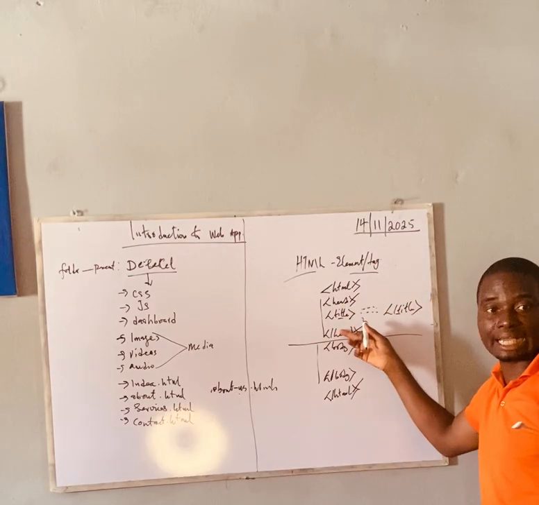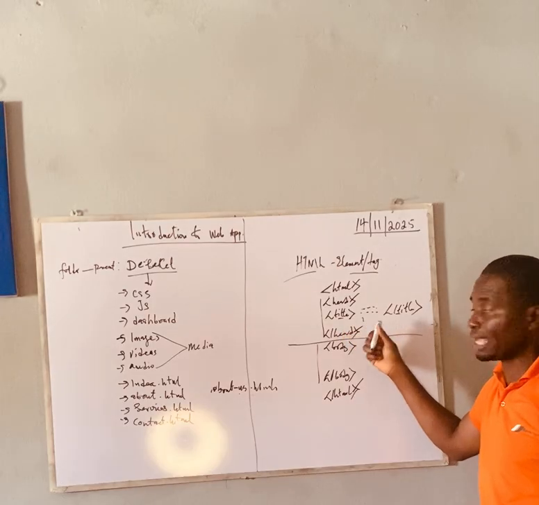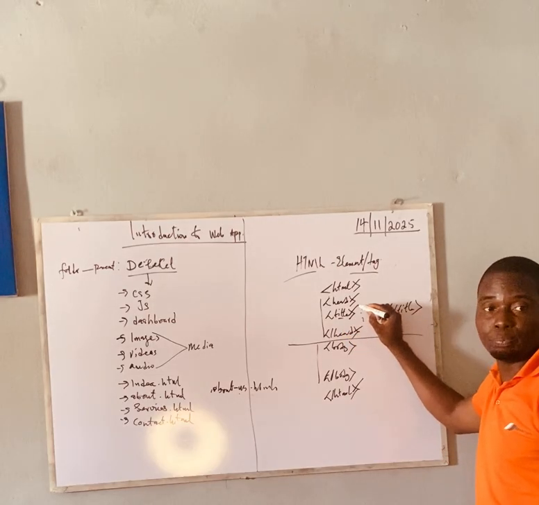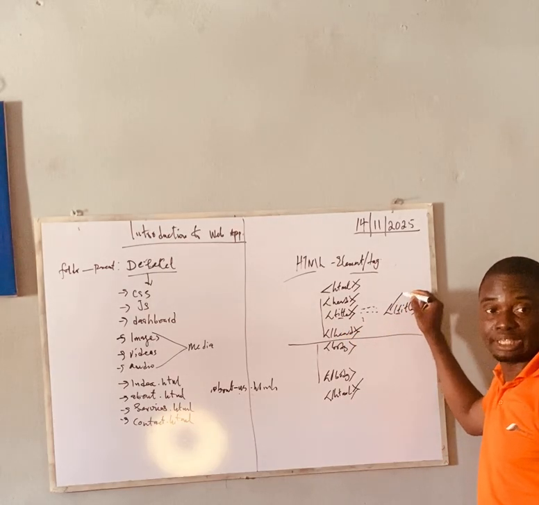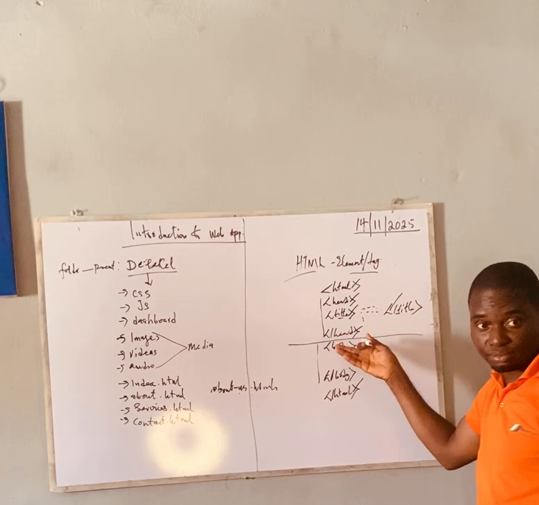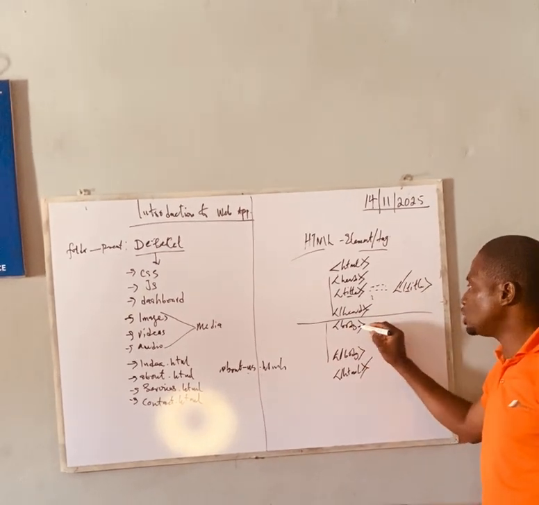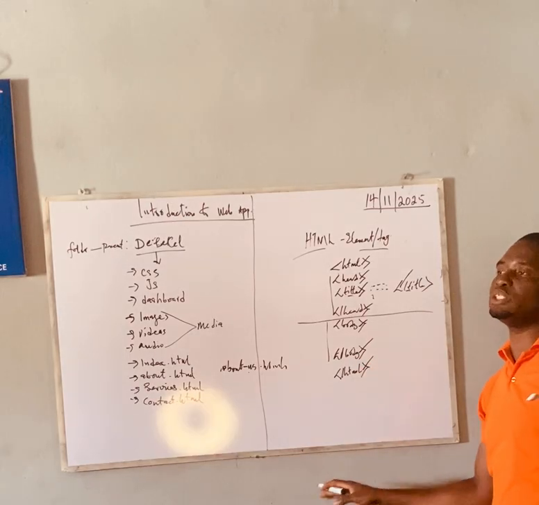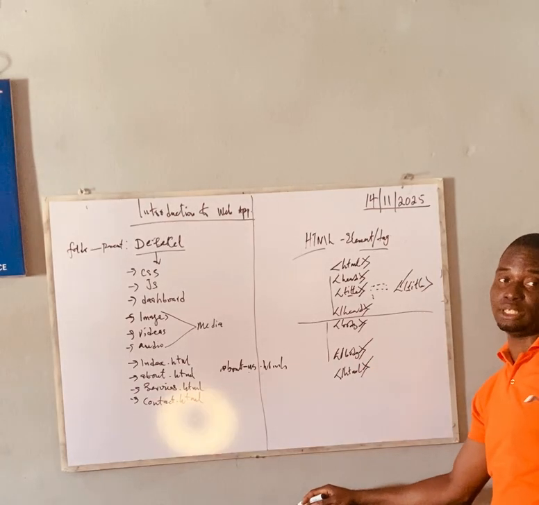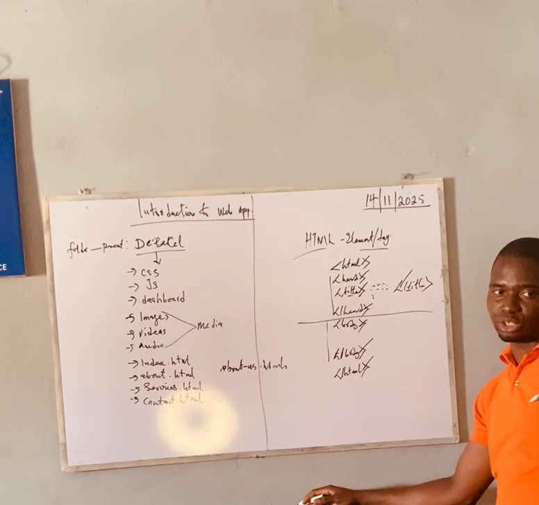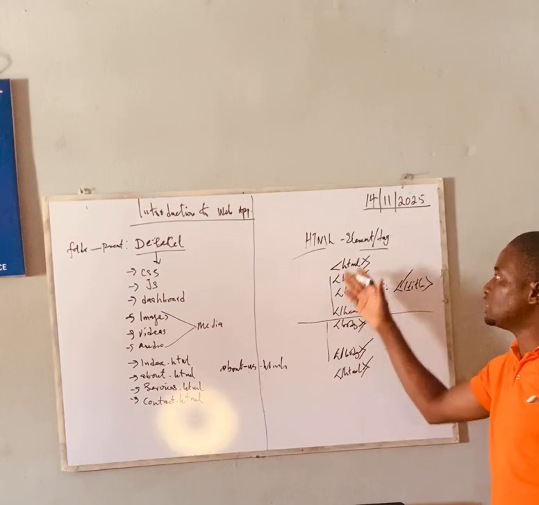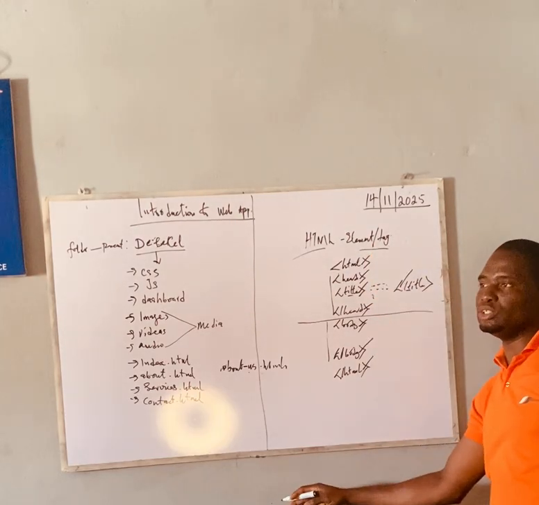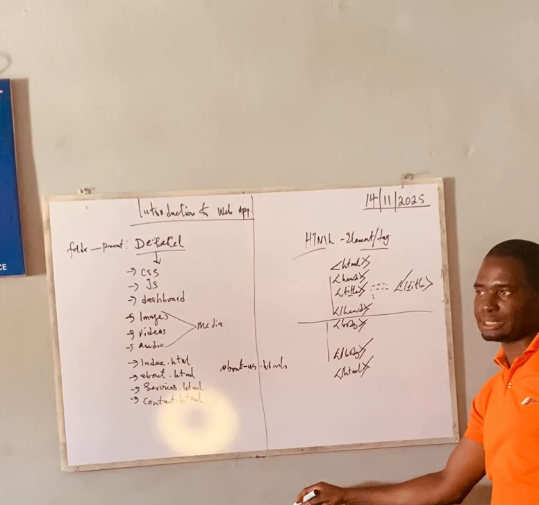That means the head tag is also a twin tag. You see, title open, title close. That means it is what? A twin tag. Body open, body close. It is also a twin tag. Most of the HTML tags are actually twin tags. Are we together? Good. So when we go deeper, we will now see those that are not twin tags.